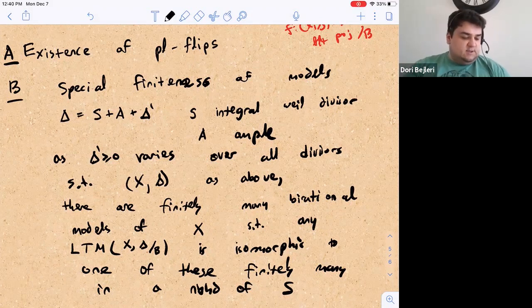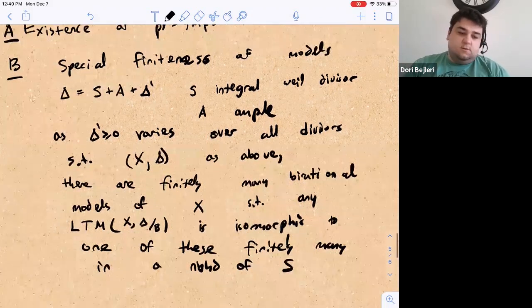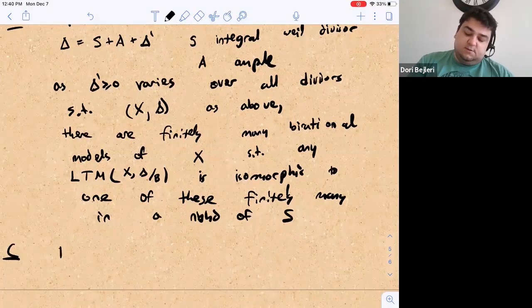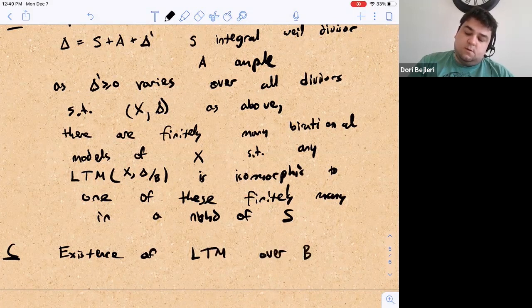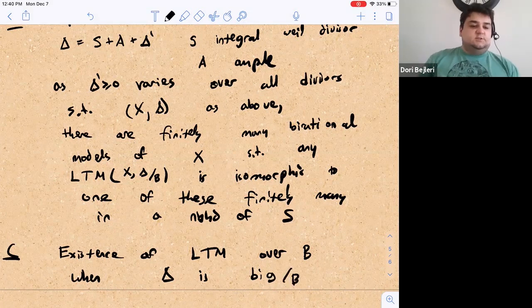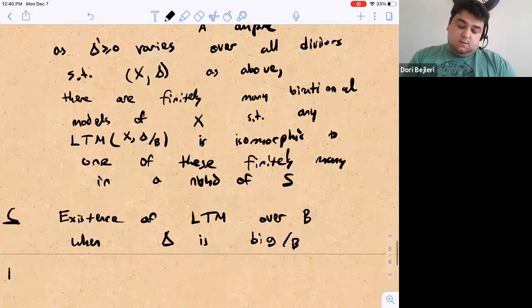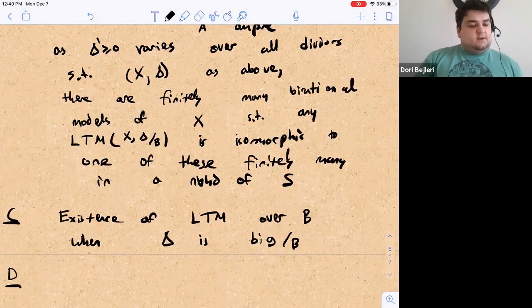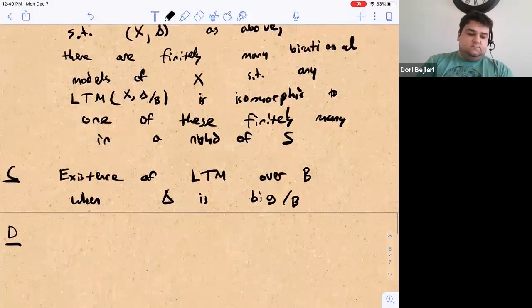So B was special finiteness, and then C, where did I write it down? C is existence of log terminal models under all these assumptions, under these bigness assumptions. D is a non-vanishing theorem, similar to the non-vanishing theorem that we proved in class, but much more general.